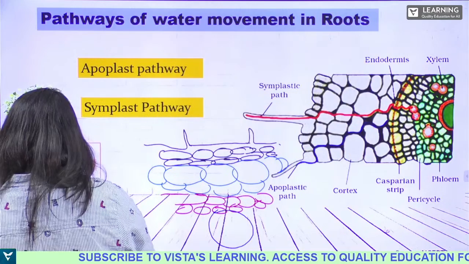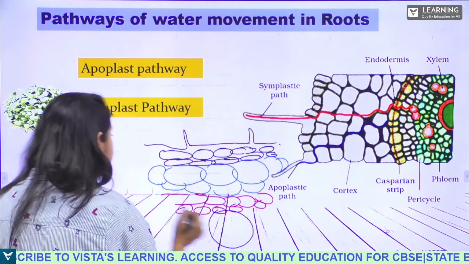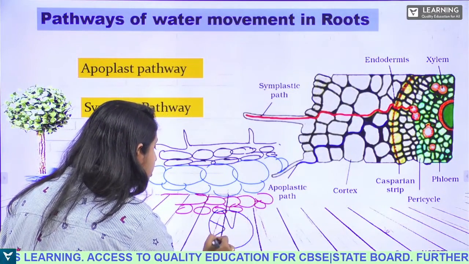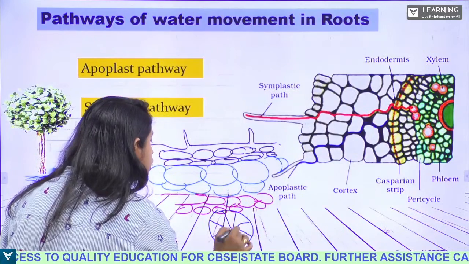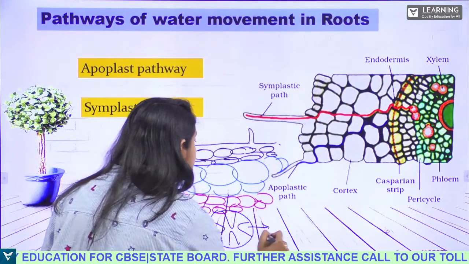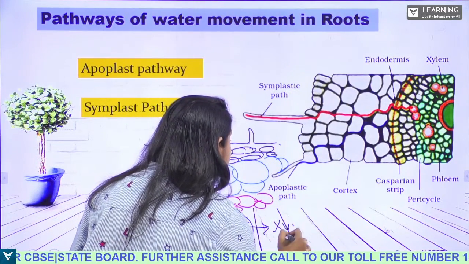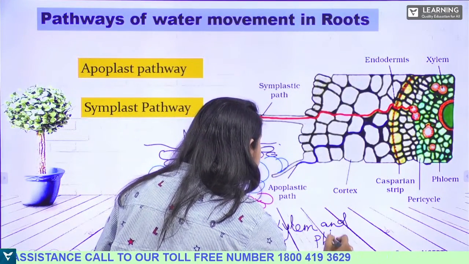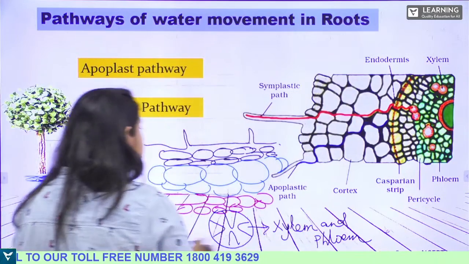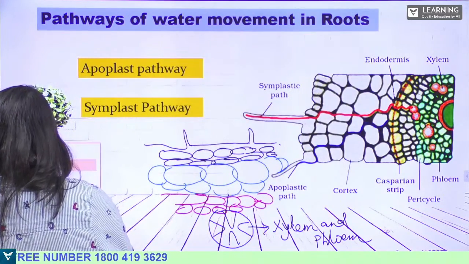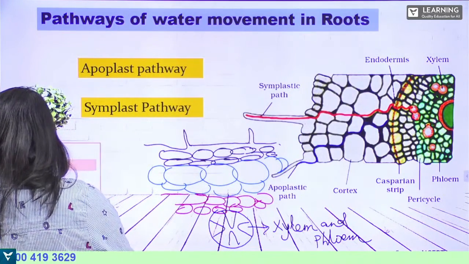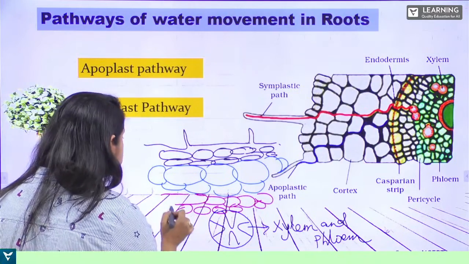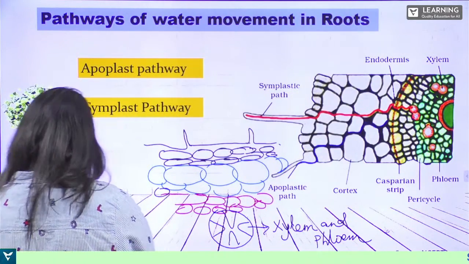And inside the pericycle you have seen the vascular tissues, that is the xylem and phloem. So this is the internal structure of the root.